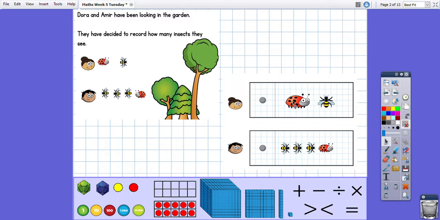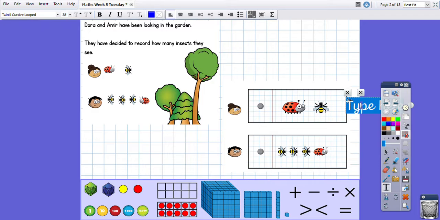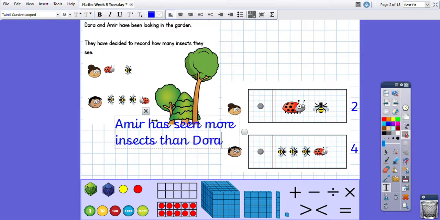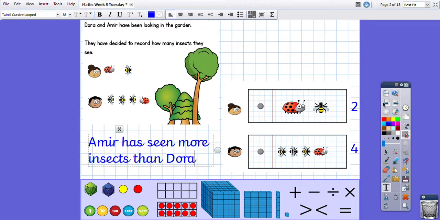So Dora has seen 2 insects and Amir has seen 4. So Amir has seen more insects than Dora. Okay, Amir has seen more insects than Dora.